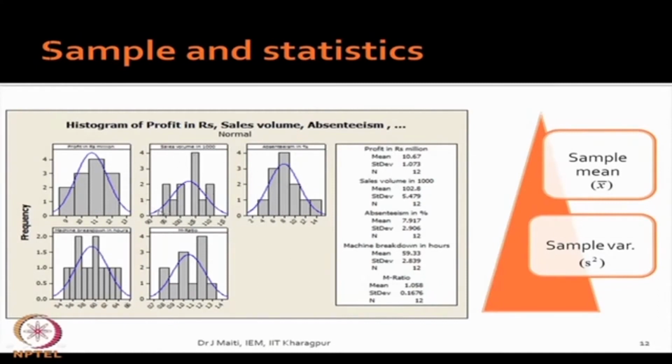Basically we are characterizing the City Can process in totality in terms of these variables, and your sample mean and sample variance. These are the statistics with respect to population mean and population variance. Correct.